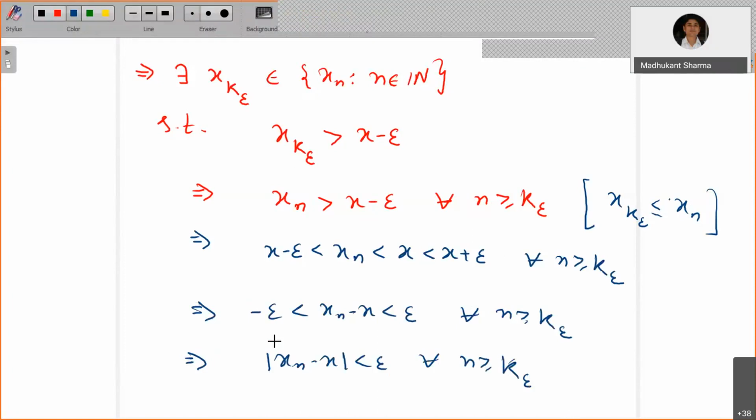So this establishes our claim that xn is convergent and converges to X.